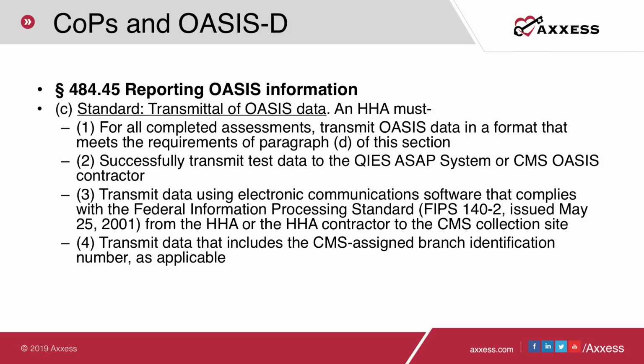All right, at 484.45(c), we see the standards about how we have to transmit the OASIS. I'm not going to get into this as far as detail, but mainly just wanted to let you know the COPs updated this to tell us that for all the completed assessments, we have to transmit that OASIS data according to the QIES ASAP system or whoever that OASIS contractor is, and that any electronic communication software has to comply with the FIPS 140-2 rule, and that we have to make sure we've identified which branch number if we're a multi-branch agency.